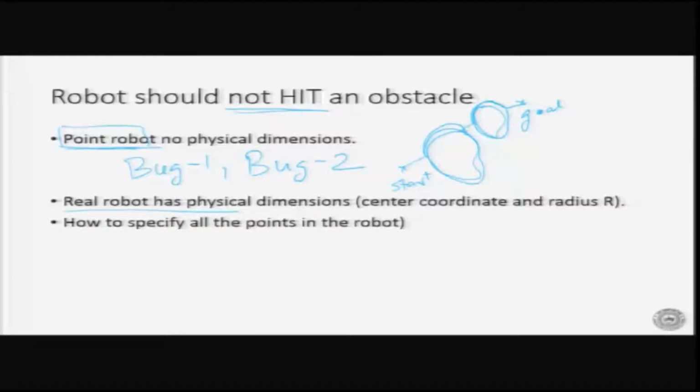A real robot has physical dimension. If this is a circular robot, it has a radius r and coordinates x, y at the center. We are saying that no point of this robot should hit the obstacle. This is my obstacle, so no point inside the robot should hit it. Enforcing that is not very easy.